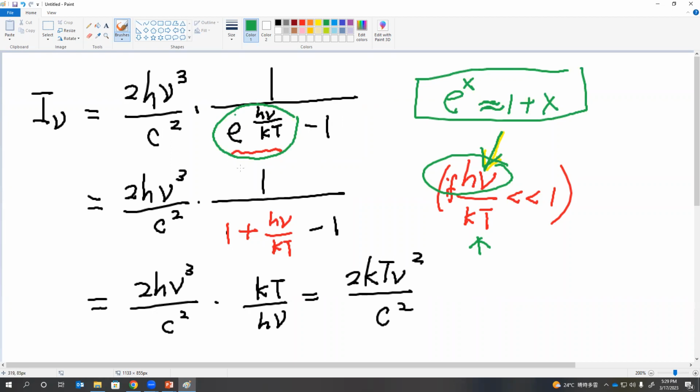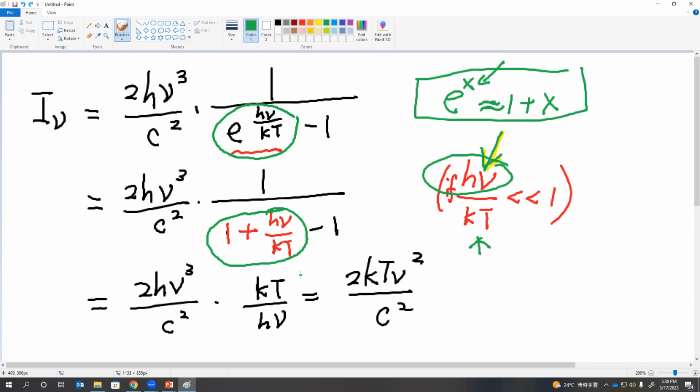We can rewrite e to the power h nu over kt as 1 plus h nu over kt. Am I right? And this 1 cancels.